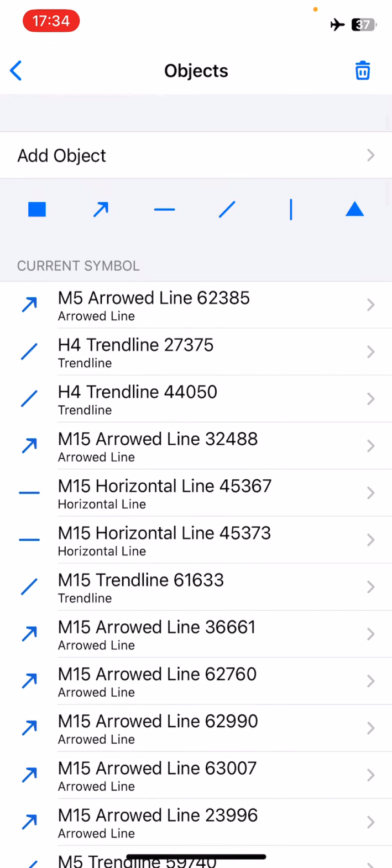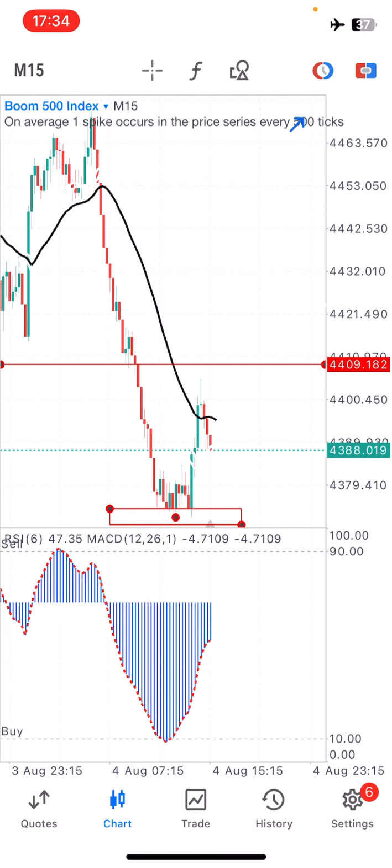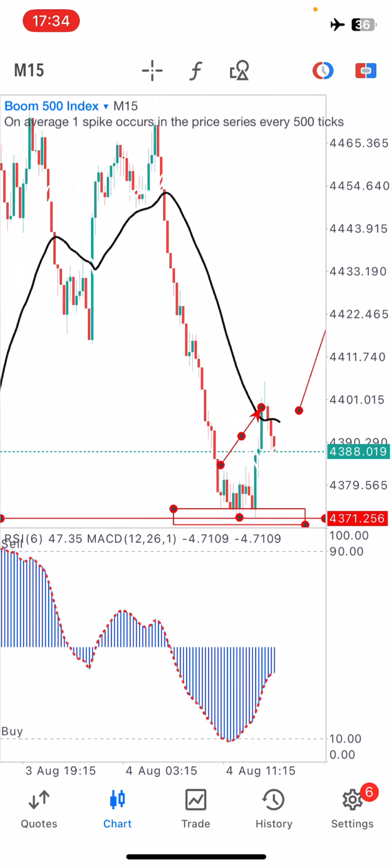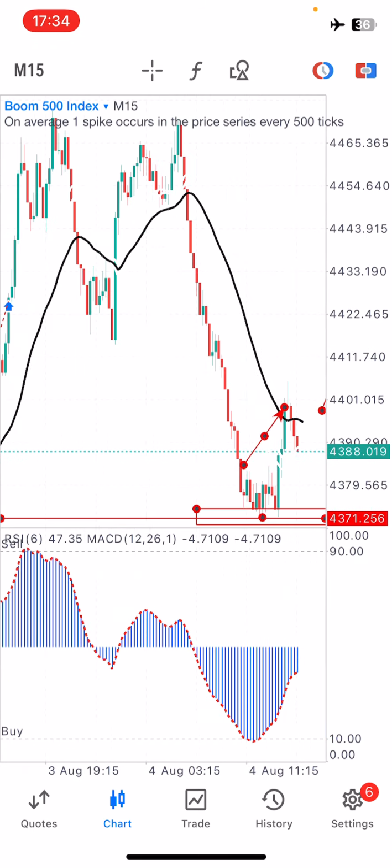We can see there is break of market structure, our candlesticks broke to be above that black line, which means we are expecting to keep on buying and buying. Okay, so now all you do is wait and see how the market performs. But this will be a buy setup from boom, and you can actually catch as many spikes as you can get. Okay, the sell setup is actually there as well.